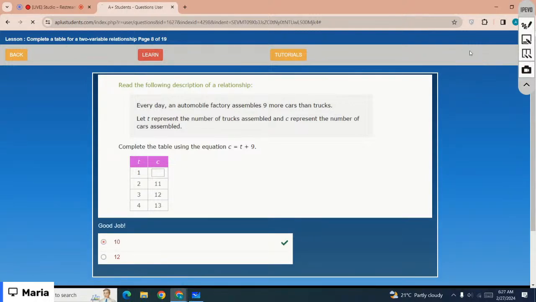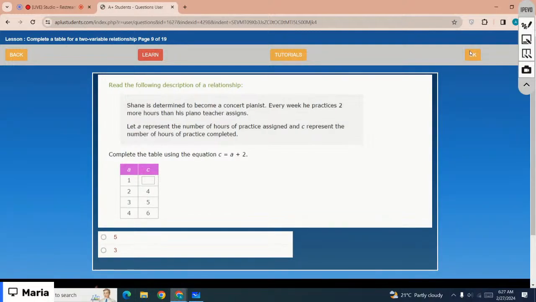Okay, the next one is complete the table using the equation C equals A plus 2.